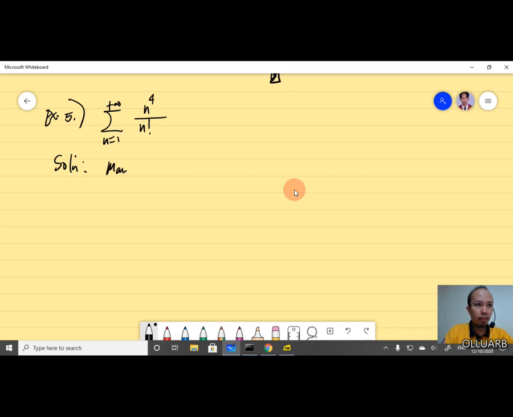Maybe you will be tempted to use b sub n to be 1 over n factorial.